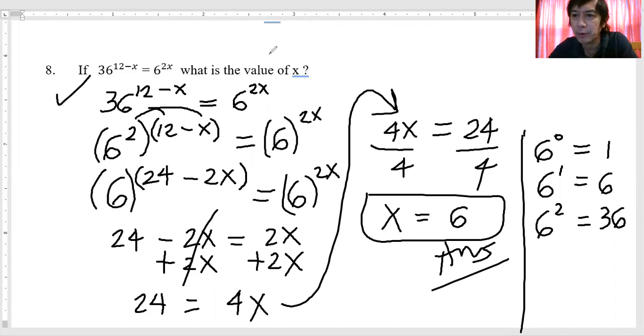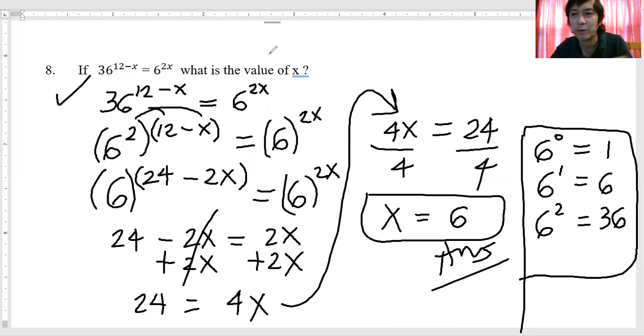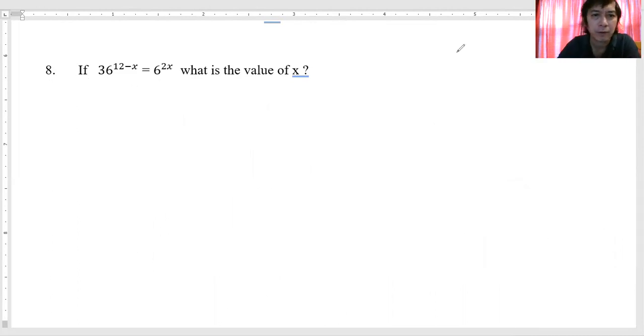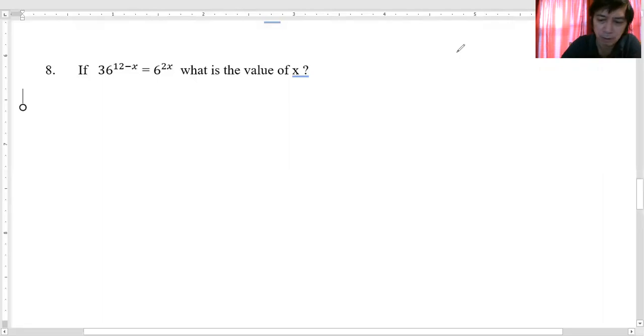So you have to know your numbers: powers of 2, powers of 3, powers of 4, powers of 5, at least up to powers of 10, so that you can transform the bases into similar bases. This is actually the concept here. That gives us our number 8 solution. So continue with number 9. I think this is the last number.